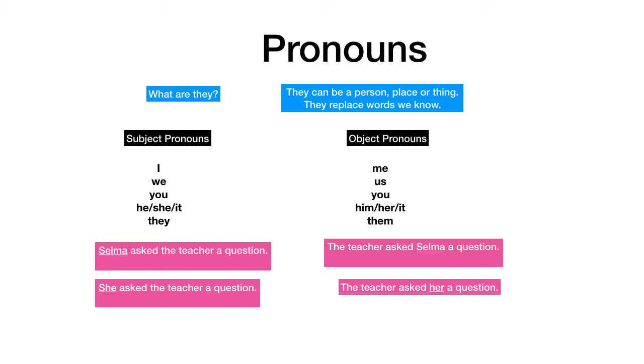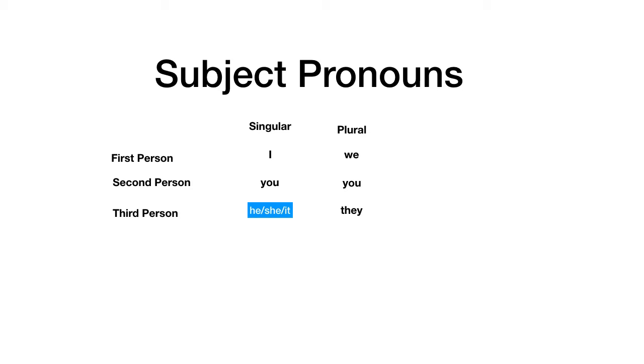So in this case, the pronoun is the object of a verb, the teacher asked Selma a question. The teacher asked her a question. So it is the object of the verb asked. The teacher asked her a question. We would never say the teacher asked she a question. So you know this. But we're going to concern ourselves with subject pronouns.